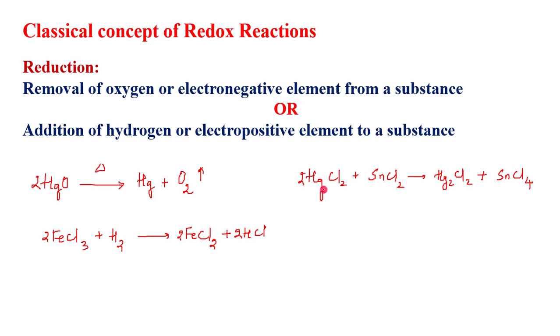So here mercuric chloride, one more mercury atom is added by the reaction with stannous chloride. So it is becoming Hg2Cl2. It was HgCl2, now it has become Hg2Cl2. So you have added electropositive element, right? So like this, these are all the reactions which show that adding hydrogen or electropositive element, or removal of oxygen or electronegative element from a substance, we call it as a reduction, right?